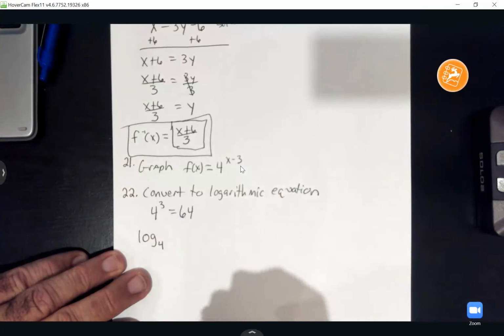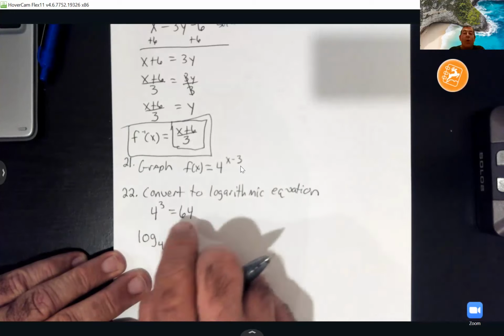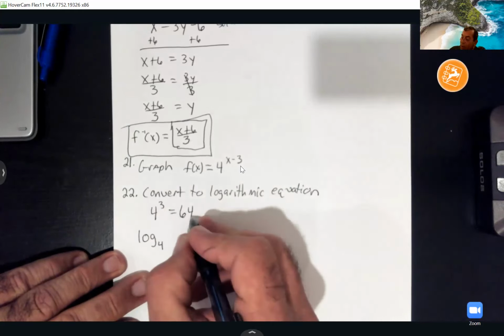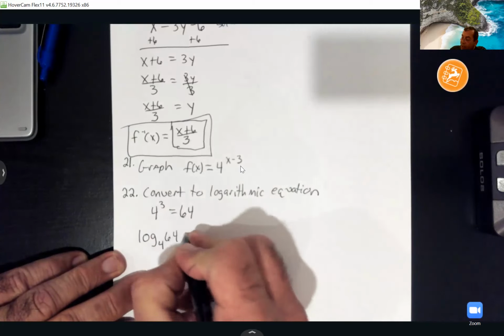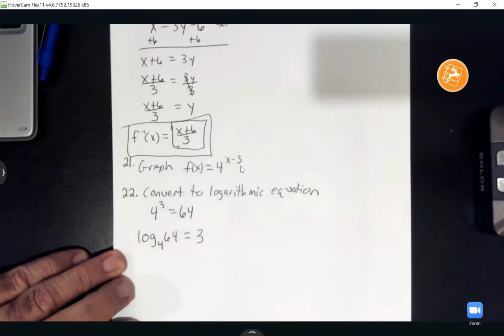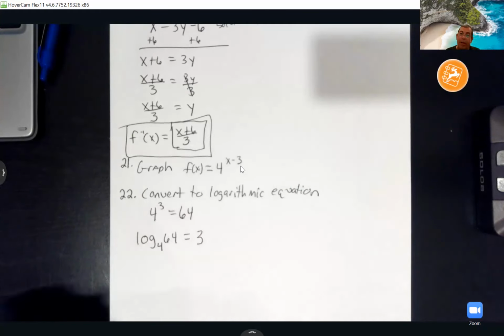4 times what is 64? You're going to put it in. So remember, the result 64 goes here, and then the exponent, which is the 3, goes there. That's all you got to do to that, and don't even go any further.